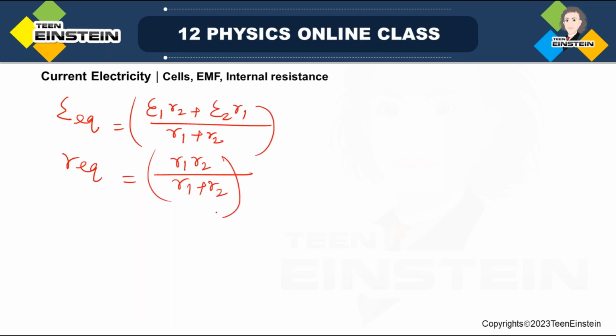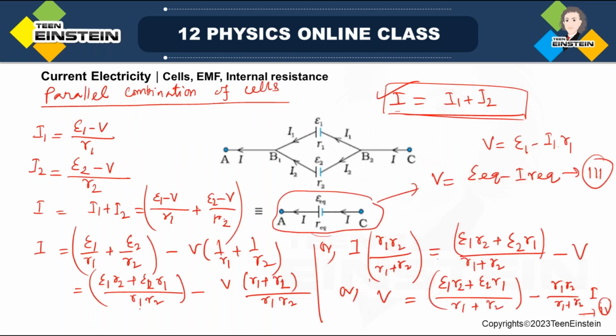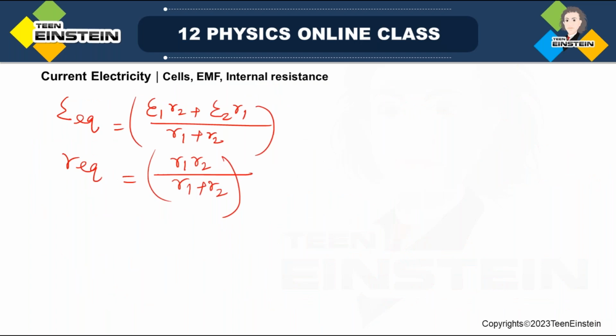So this is in case of parallel combination, right? One more way is there to express this. If we divide E equivalent with R equivalent, for your current information, let me tell you what this is.